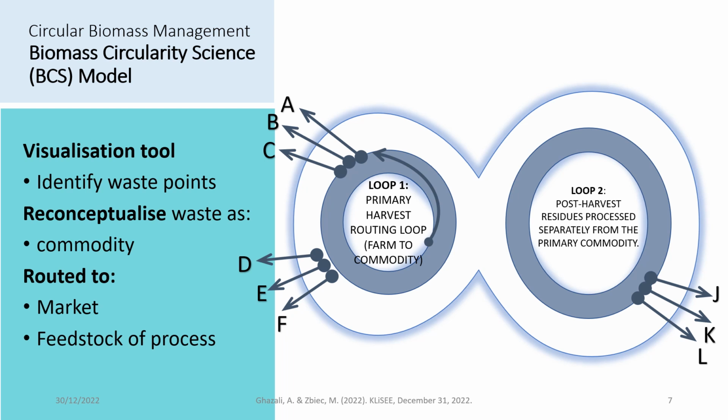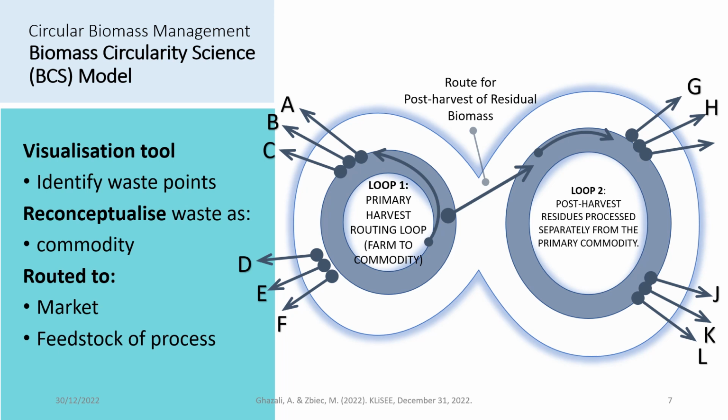On the left loop, commodities not limited to GHI can be used to produce product JKL, just to name a few. The looping, rerouting, and reconceptualizing waste as commodity, for instance GHI, all aims at realizing sustainability.